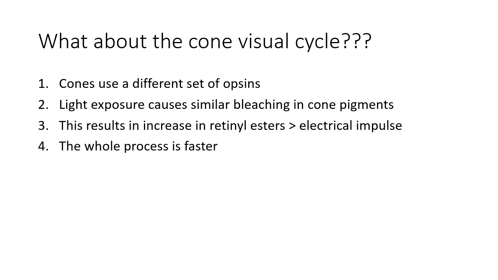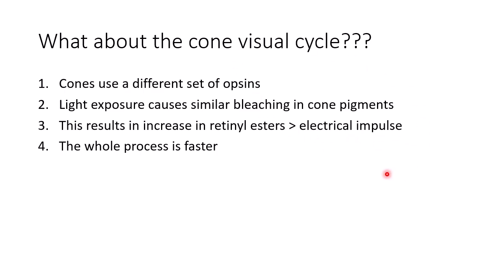Now, for those of you who are wondering that what happens in the cones, they also must be having a visual cycle. So yes, cones use a different set of opsins. You know that opsins are proteins, so they just have different amino acid sequences. Light exposure causes a similar bleaching process in cone pigments. This results in an increase in retinyl esters, which generate the electrical impulse.